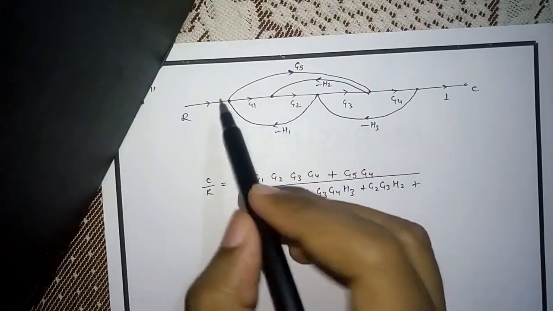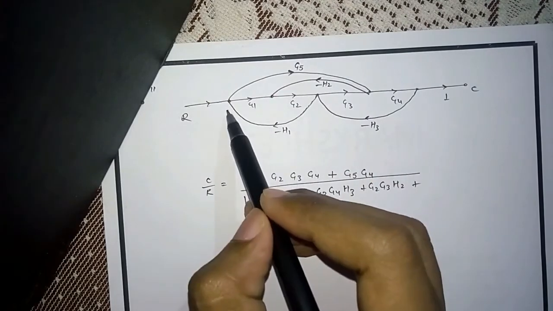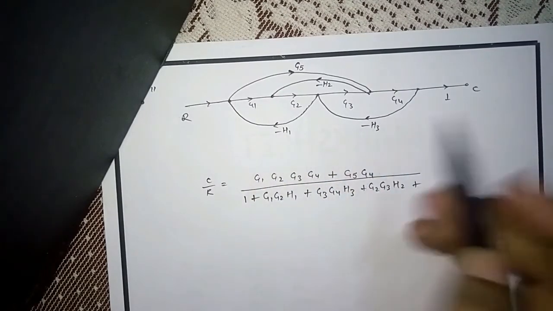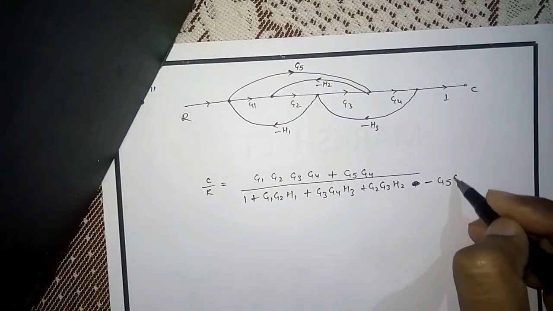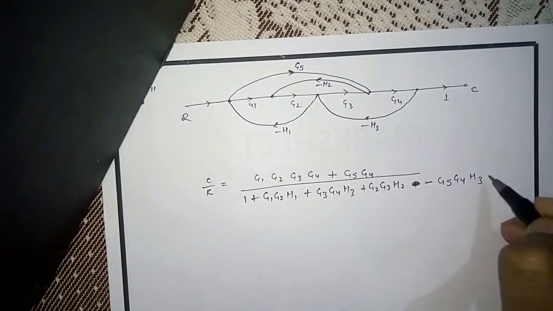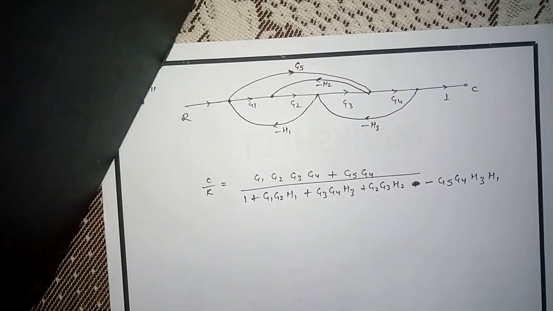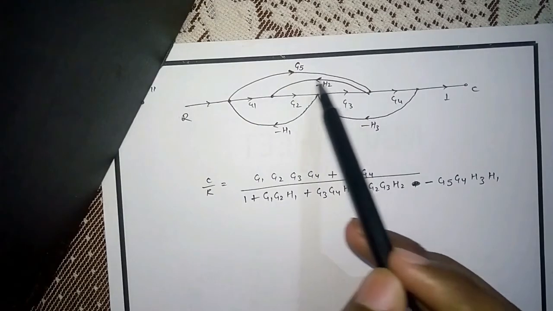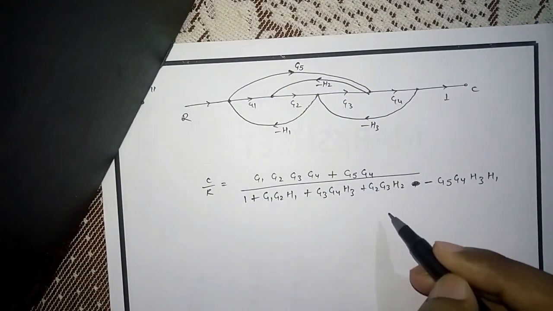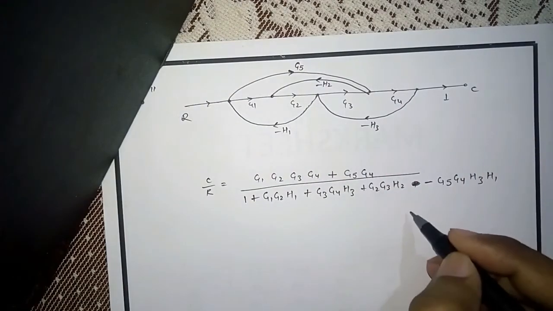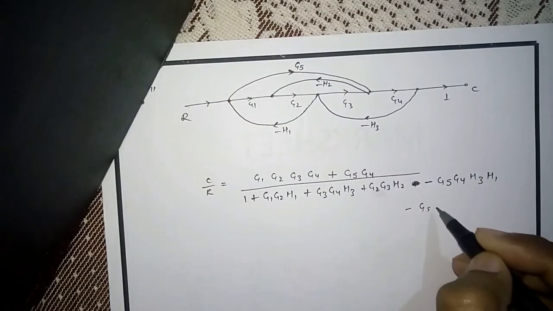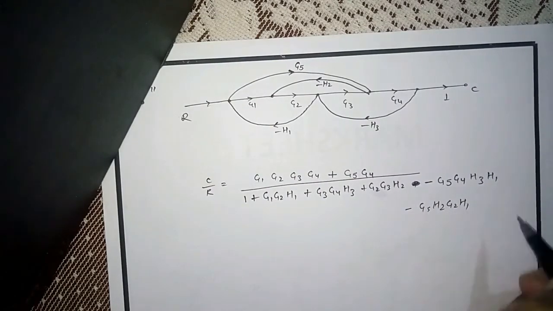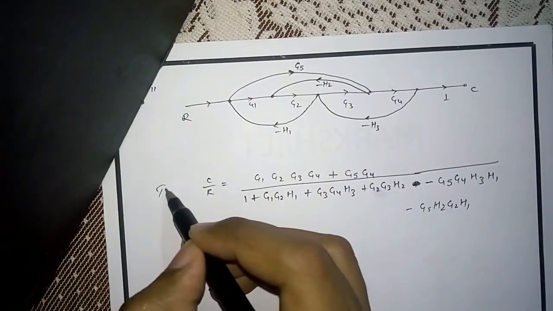So guys, here we have just a single loop, but we have two minus signs, so we have to write here minus sign. Okay, G5, G4, H3, H1. And we have another loop, G5, H2, G2, H1. So guys, here also we have two minus signs, so we have to write one minus sign. G5, H2, G2, H1. This is the final transfer function, guys.